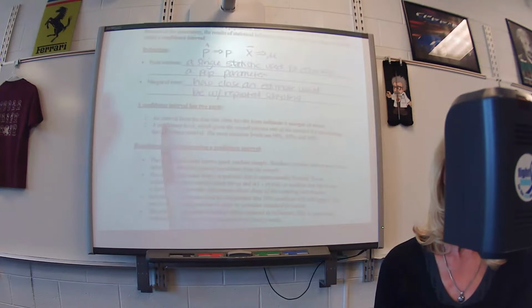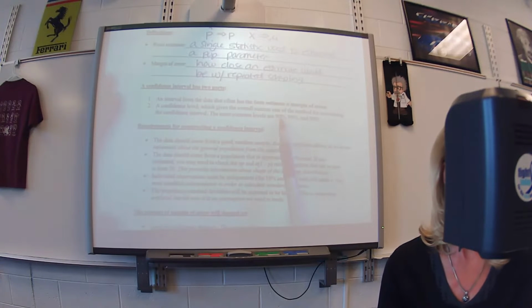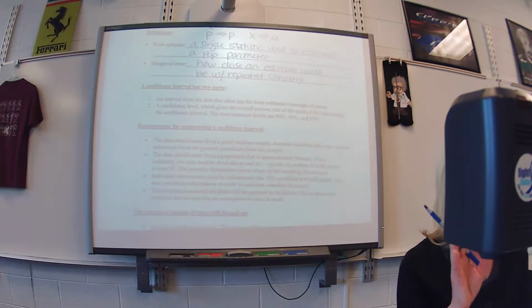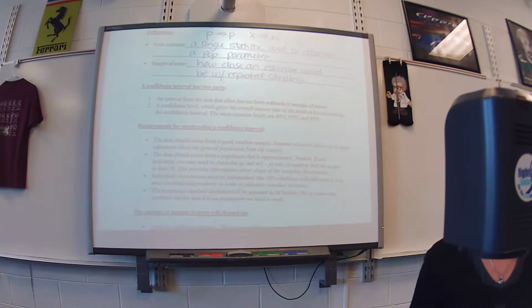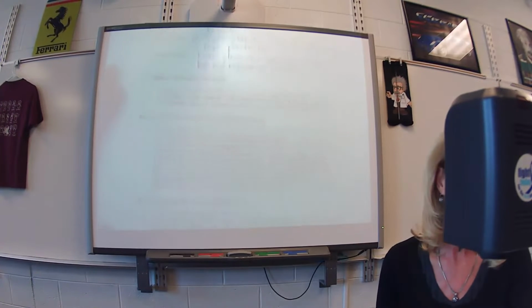All right, so the confidence interval is your point estimate plus or minus your margin of error. These are the 3 most common confidence levels. Those are the most common. You could do any, but those are the ones that people use most often.